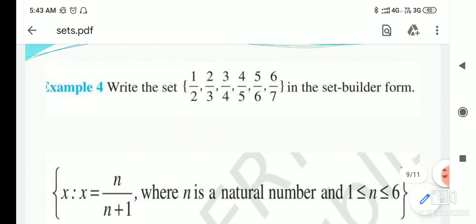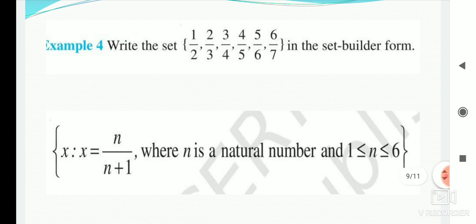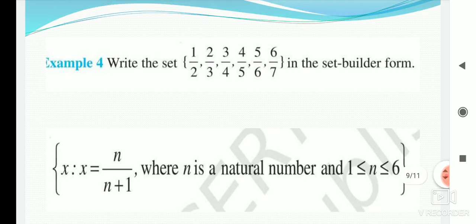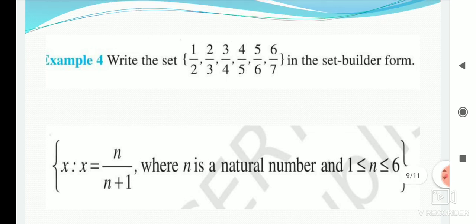So what is the second condition here? Our numerator is 6. We don't have a numerator greater than 6. So where n is a natural number and 1 is less than or equal to n less than or equal to 6. So here the two properties are used. The numbers used in these examples are natural numbers, and the numerator is between 1 and 6.